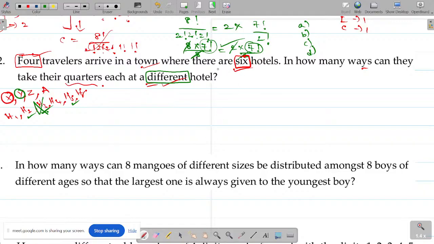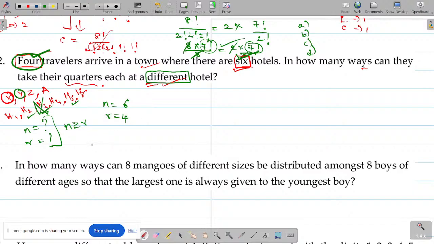So how many hotels are here and how many travelers are here? 4 travelers and 6 hotels. You should be very keen about what is N and what is R. Because the question starts with 4 travelers, you cannot say N is equal to 4. We know the relationship between N and R: N should be greater than or equal to R. So what's the value of N here? 6, and R is equal to 4.